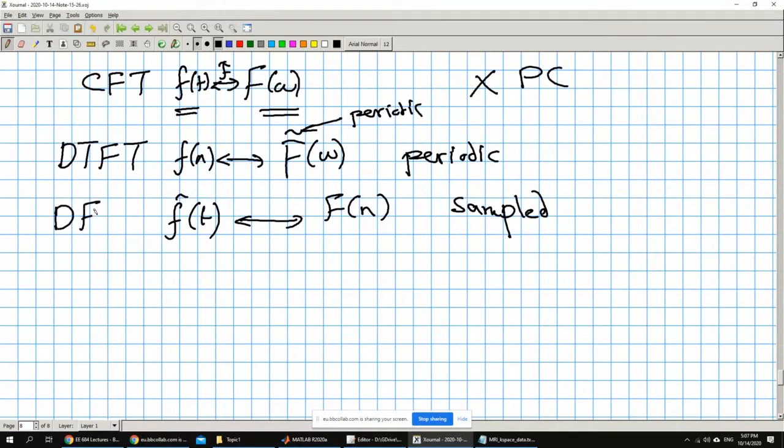We call this discrete Fourier series. So sampled in one domain becomes periodic in the other domain, and the other way around. If you have it sampled in one domain, it will come out periodic in the other domain. If you have it periodic in one domain, it will come out sampled in the other domain.